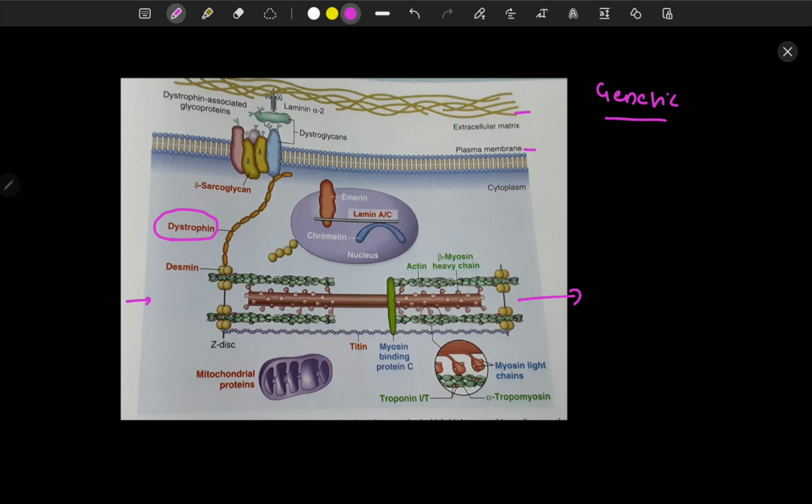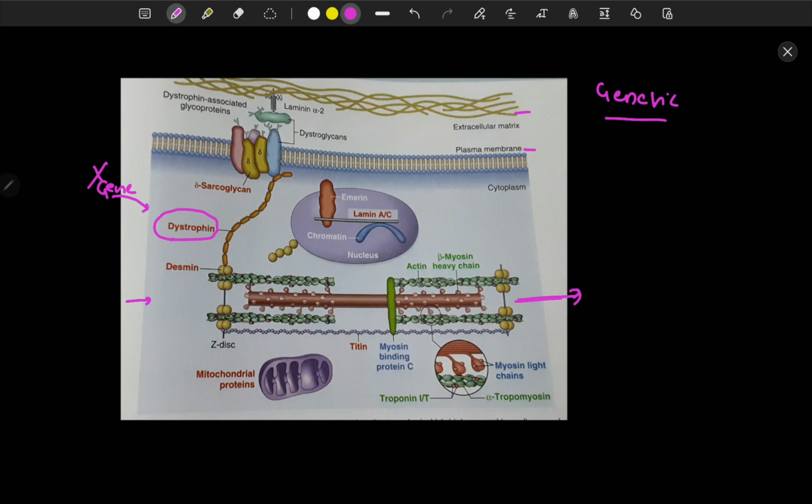The gene encoding this dystrophin gets mutated. So due to the mutation of dystrophin, the force generating mechanism of the myocardium, that is the sarcomere, is unable to function well.